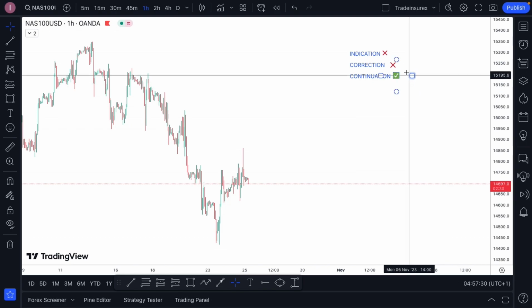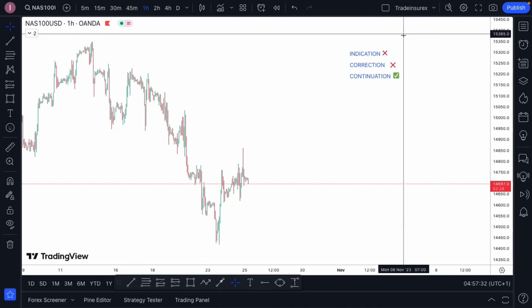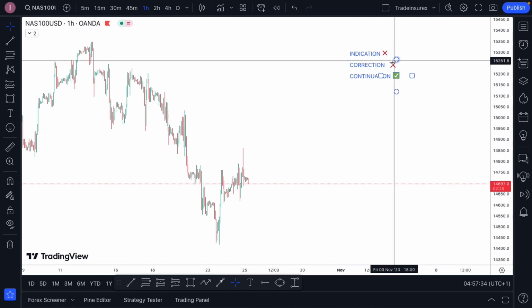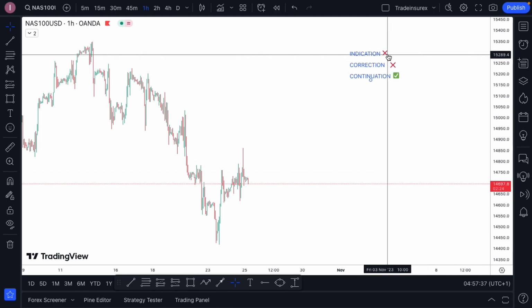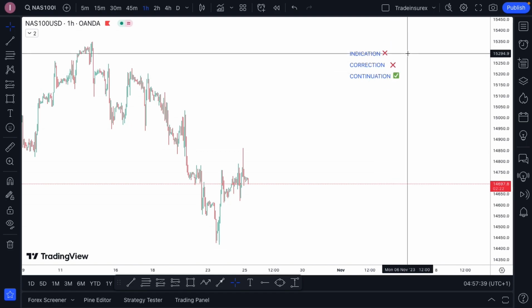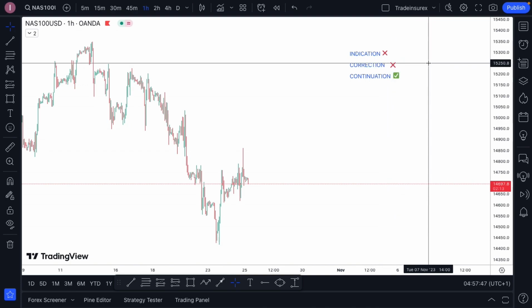Okay, so you don't trade the indication, you don't trade the correction, because indication is basically price telling you what it can do, showing you what it wants to do, giving you a direction that it wants to take. The correction is price correcting, because obviously price doesn't move in a straight line.